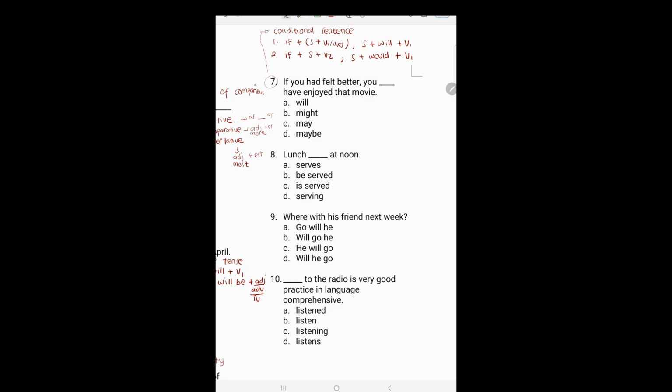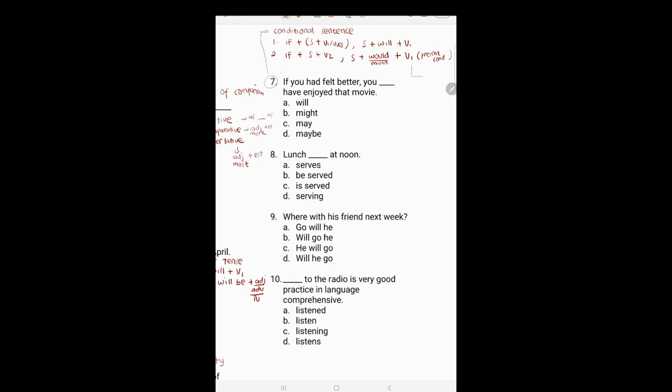The second sentence in type 2 is also called present conditional. Okay, and the word would may be changed with might or other modals of present conditionals.